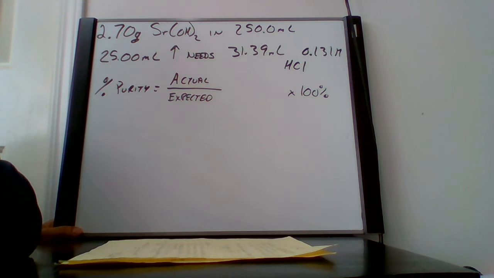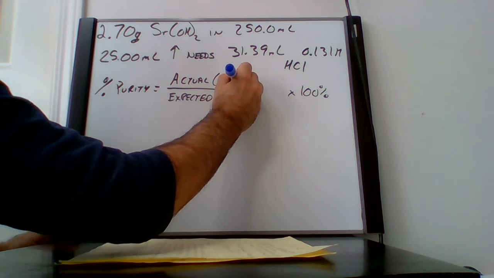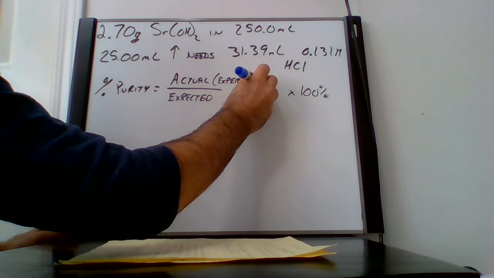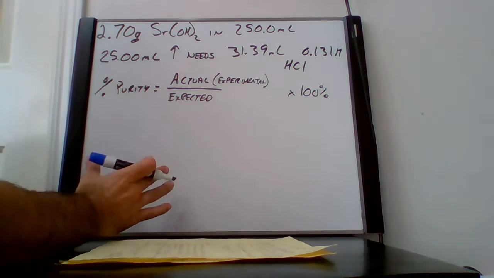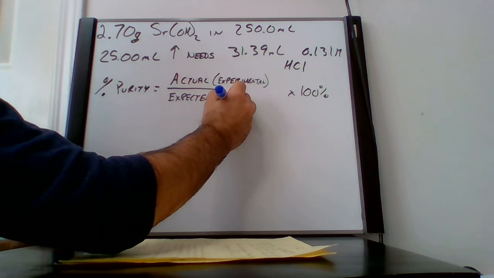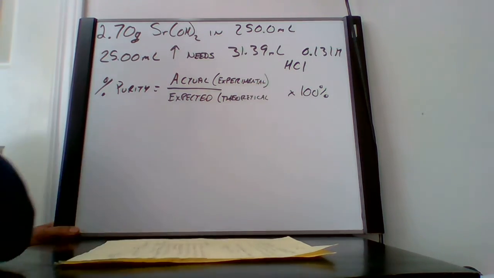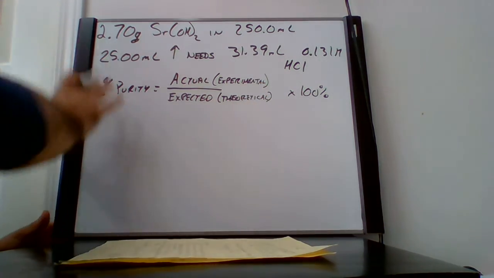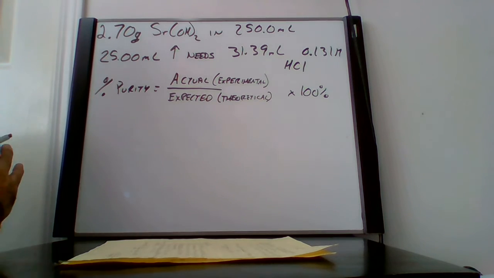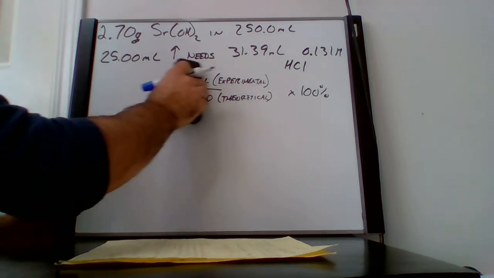This actual is also known as the experimental, what we actually got from the experiment, versus the expected, which is our stoichiometric or theoretical value based on the numbers that we had. So we've got to figure out both the actual and the expected. Then we can plug these into our equation and figure out that percent purity.